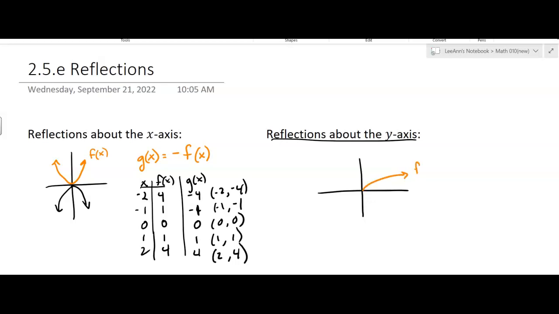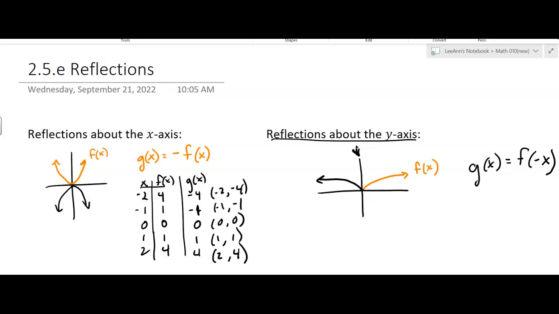If this is f of x, and then you have g of x is equal to f of the opposite of x, then it's going to reflect this way. So it's going to be the same graph, no matter what my drawing looks like, but it's going to be going the other way. It's reflecting about the y-axis, okay?